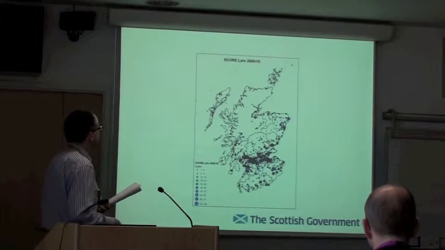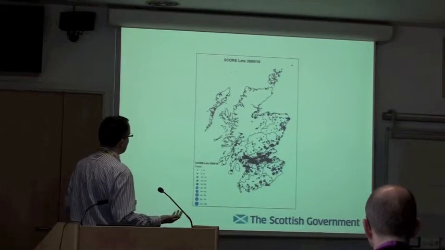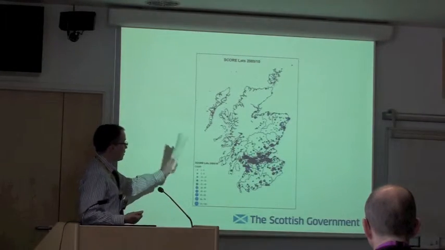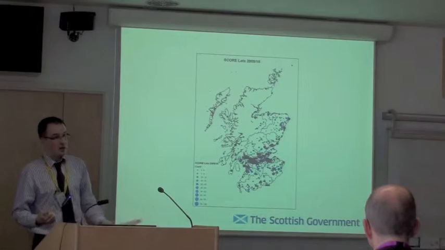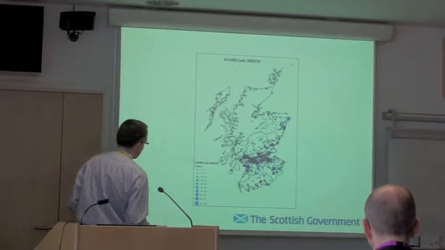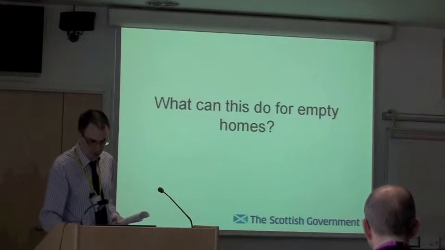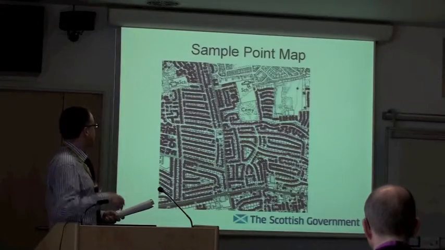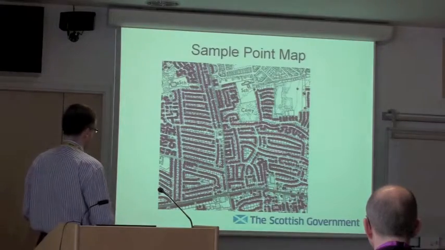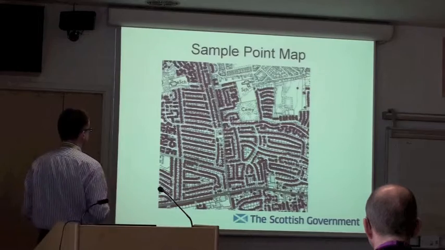Although I'm using, as a lead-in, a little map showing the concentration of RSL lets over 2009-10. The bigger the dot, the more lets there were. So if you were looking, for example, at empty homes, the bigger the dot, the more empties that you have. But what you really want to be able to do is look at sub-geography level, look at street level, look at individual property level, because that really is the nub of the matter.